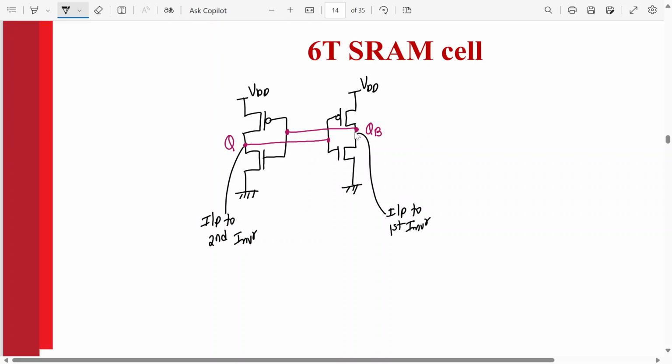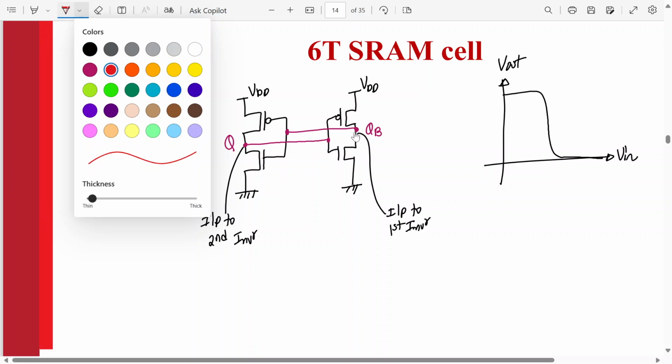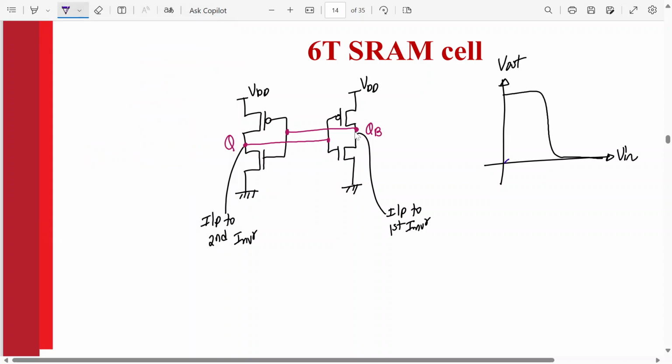Okay. Now, if I see the inverter characteristics, the VTC curve, this is Vout versus Vin. Now, what will be the characteristics? It looks like this, right, everyone? And what is the switching threshold? If I have a line Vout equal to Vin, where output is equal to input, this point is called the trip point.